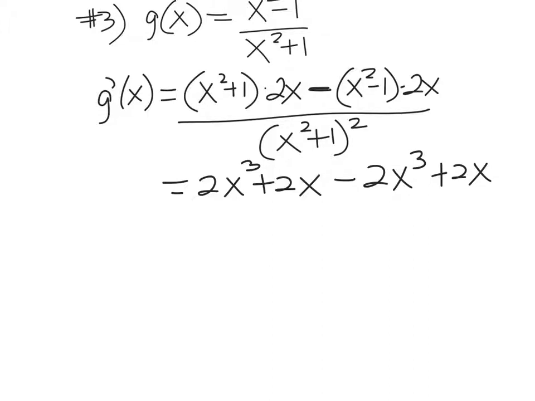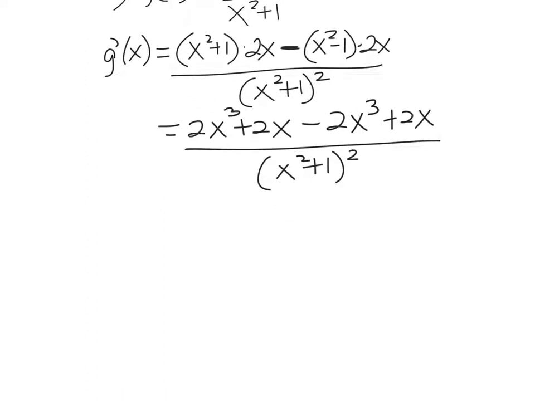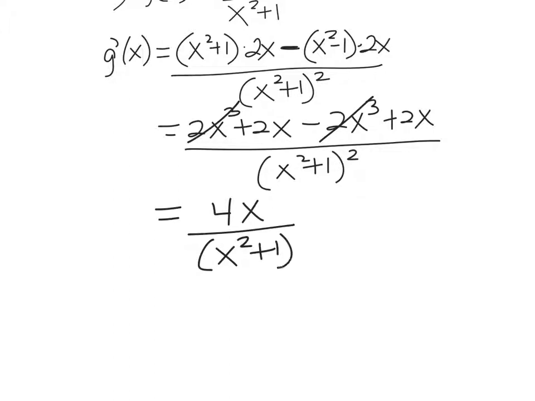Over x squared plus 1 squared. So our answer would be, 2x and 2x make 4x over x squared plus 1 squared. And there's nothing else you can do. That would be the derivative of that function.